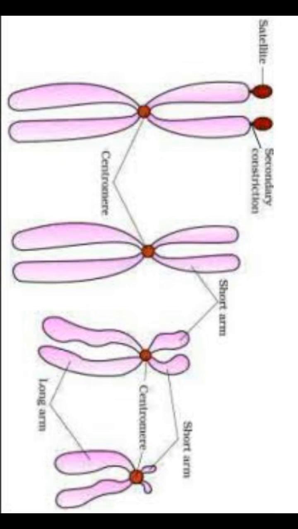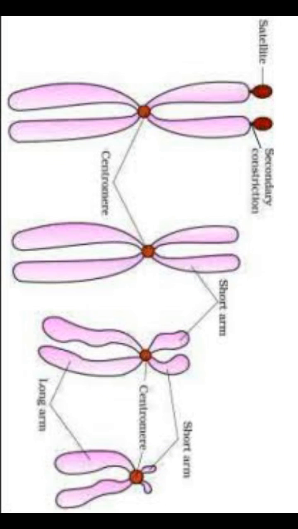So how is the satellite forming? Sometimes a few chromosomes have non-staining secondary constrictions at a constant location. A constant location means always towards the end of the upper arms only. They are non-staining, so they can't be noticed very clearly.